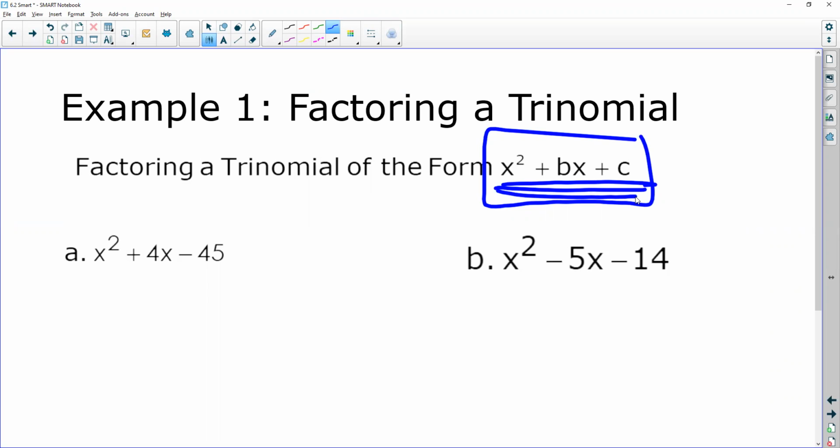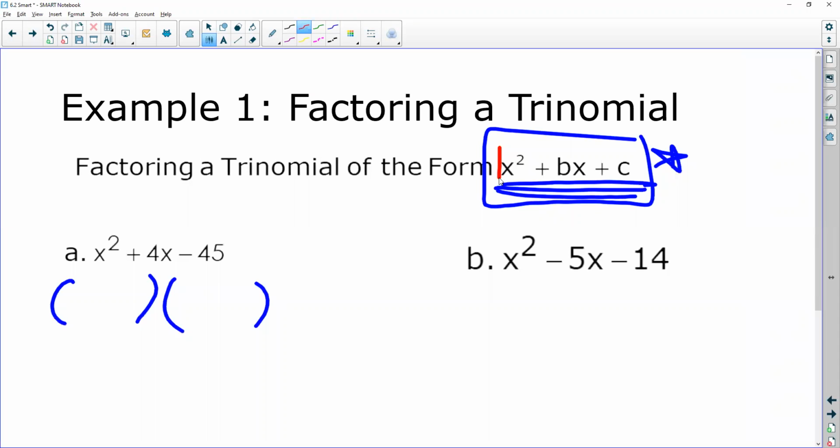So I'm going to think about two things here. I'm going to try to make a binomial pair. That's what I want to do. And I'm going to look first. There's no number in front of x squared. So this is the process when the coefficient of the x squared, the quadratic term, is 1.